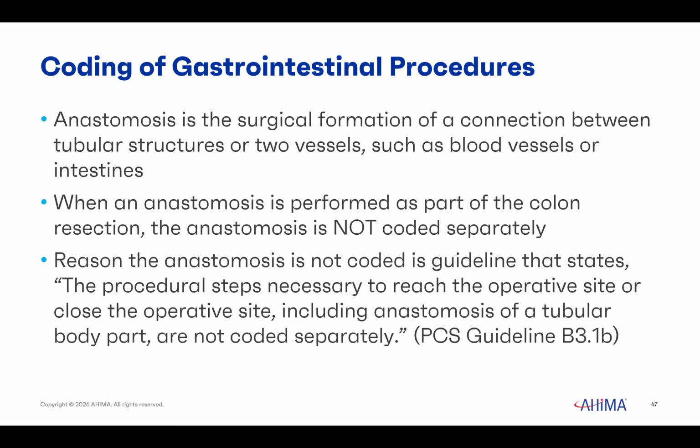Even though the title of the operation is this, it's going to be an excision, right? And then you're coding that anastomosis as part of the procedure. So again, it goes back to that guideline that states the procedural steps necessary to reach the operative site or to close the operative site, in this case, including anastomosis of a tubular body part, are not coded separately.